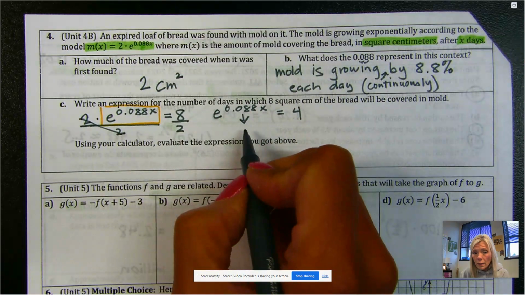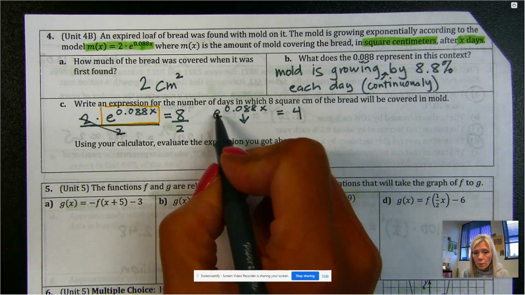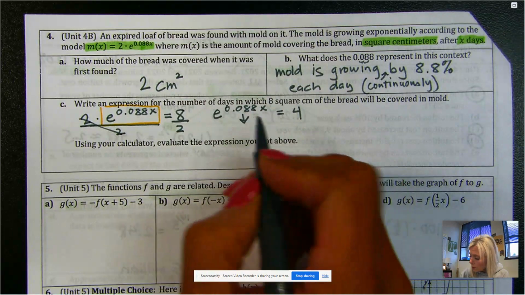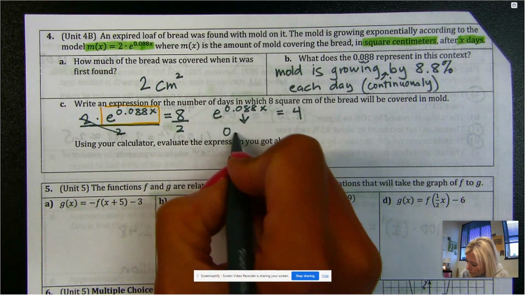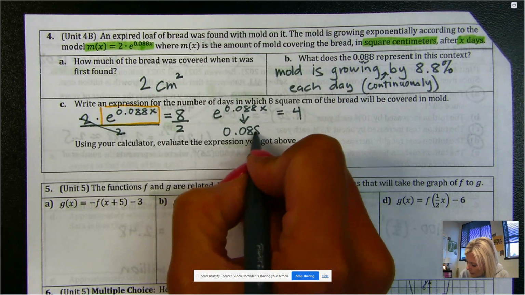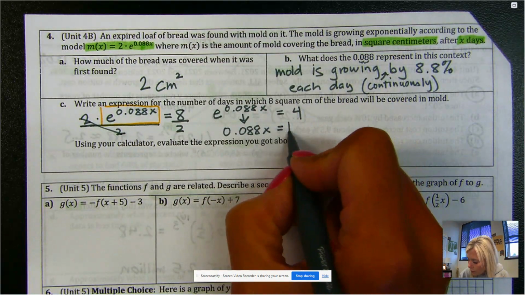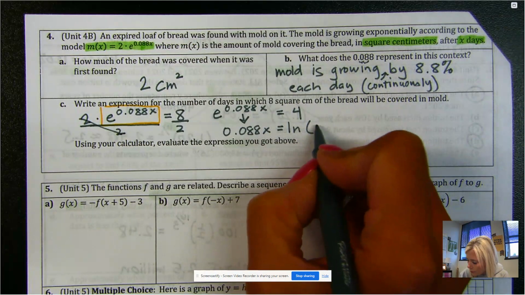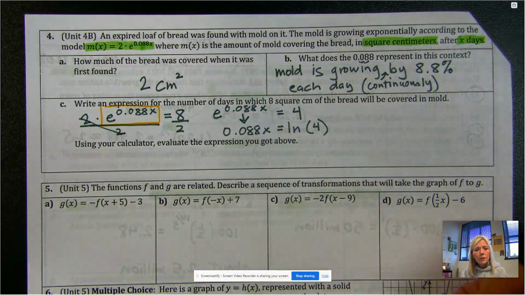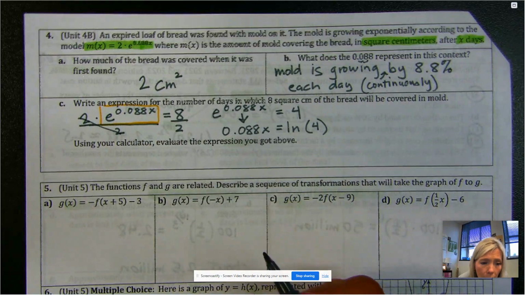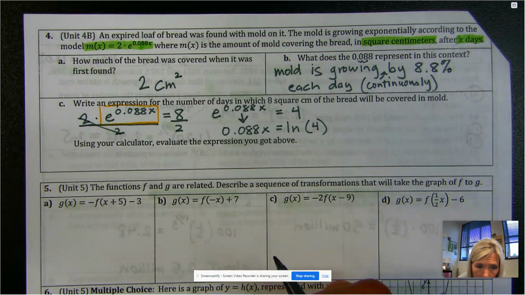So we bring the exponent down and switch to log form. So 0.088x equals, the base was e, so I will use natural log of 4. And then the expression for part C, the final answer for part C is just the expression.